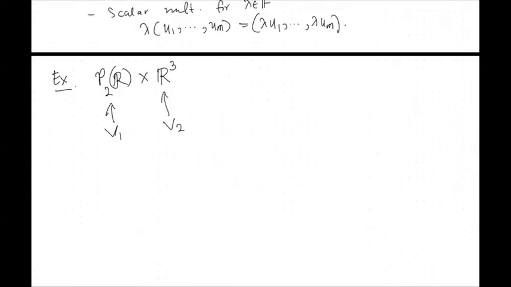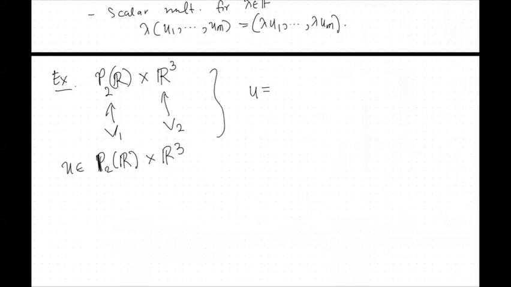So for example, an element u of P2(R) cross R3 is, as an example of an element of this product, the first component a polynomial, so let's say it's 5 minus 6x plus 4x squared.